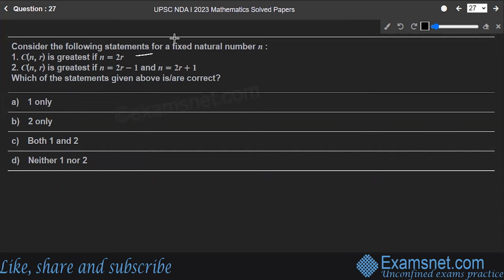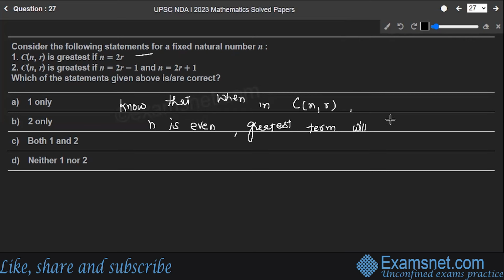First thing, we know that in nCr, when n is even, the greatest term will be nC(n/2).